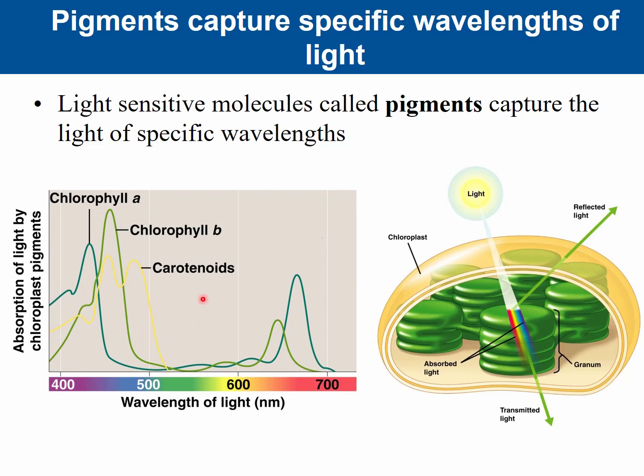Notice that none of these pigments absorb a lot of light in the green to green-yellow wavelengths. This is why plants appear green: they do not absorb those wavelengths of light. Instead, those wavelengths are reflected or transmitted.